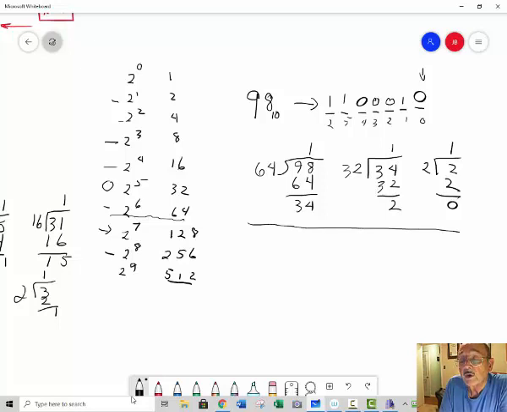Look at your pattern. 1, 2, 3, 4, 5, 6, 7, 8.